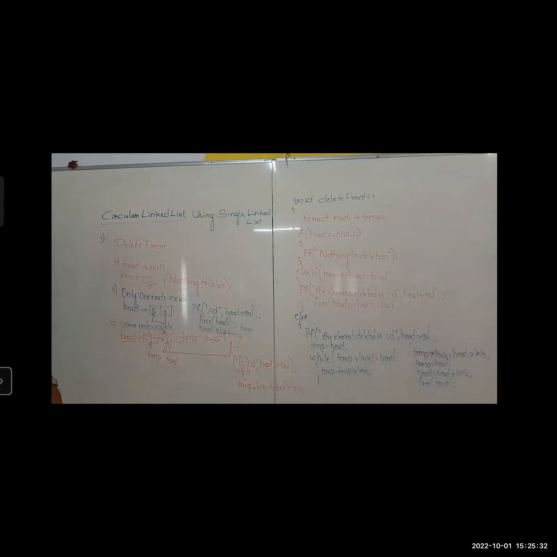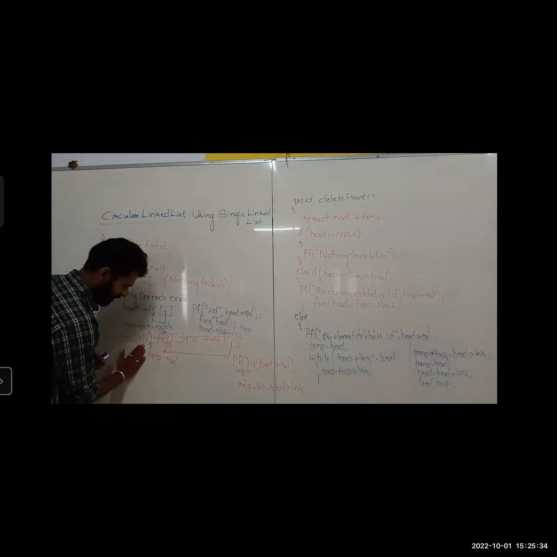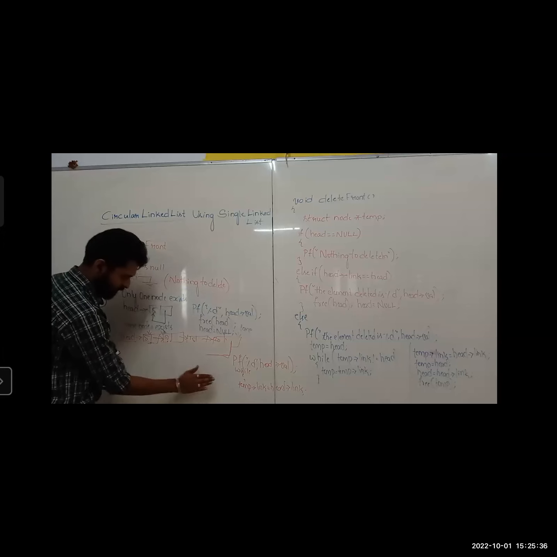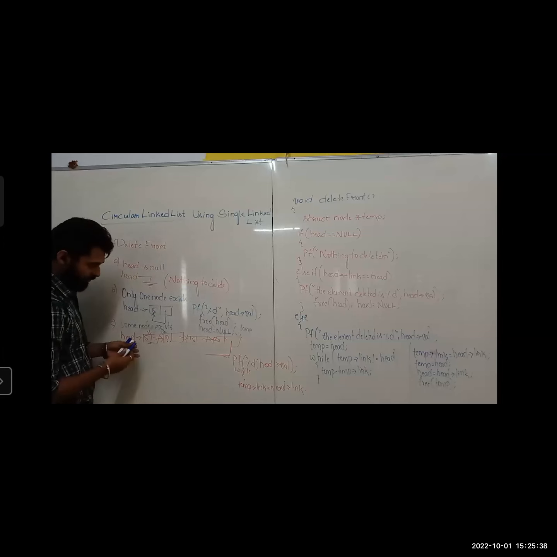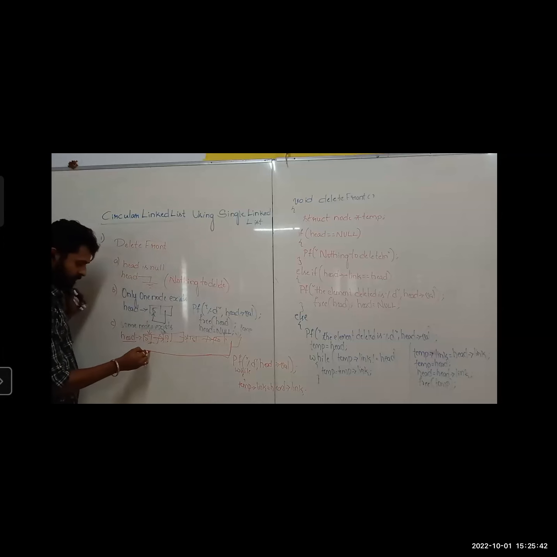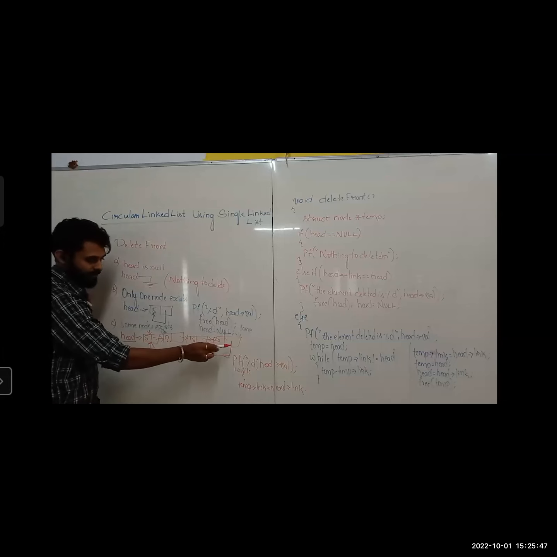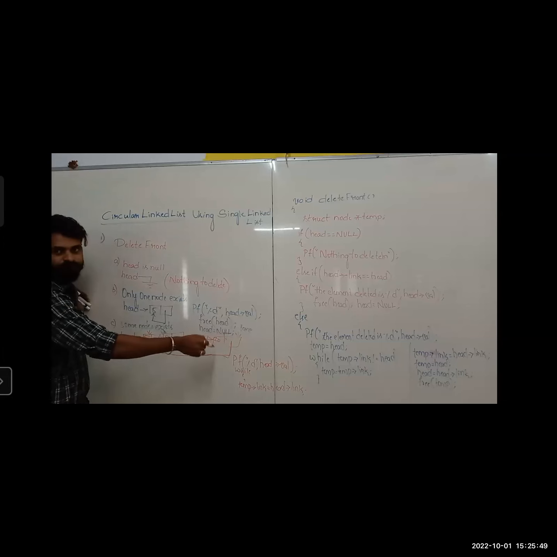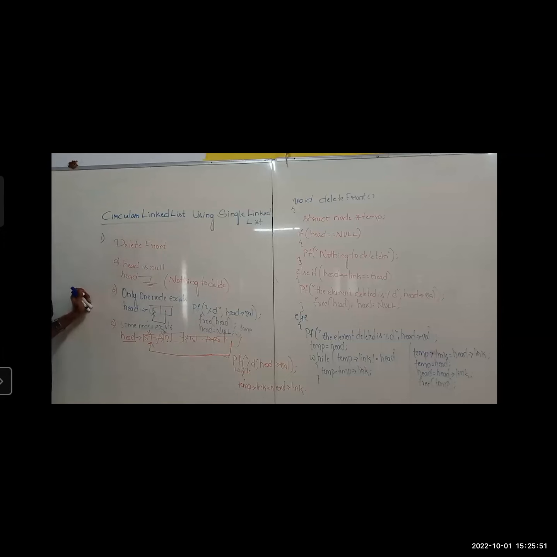How can I delete the last node? Now there is a connection like this, and I want to delete this node. Whenever I want to delete at last, should I take my temp to the last node?